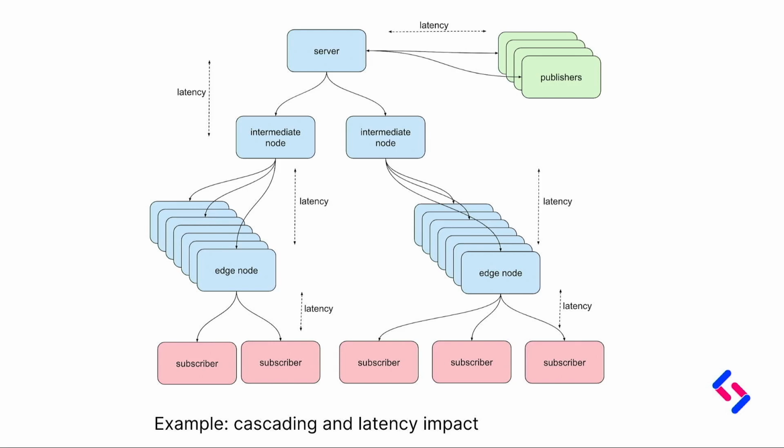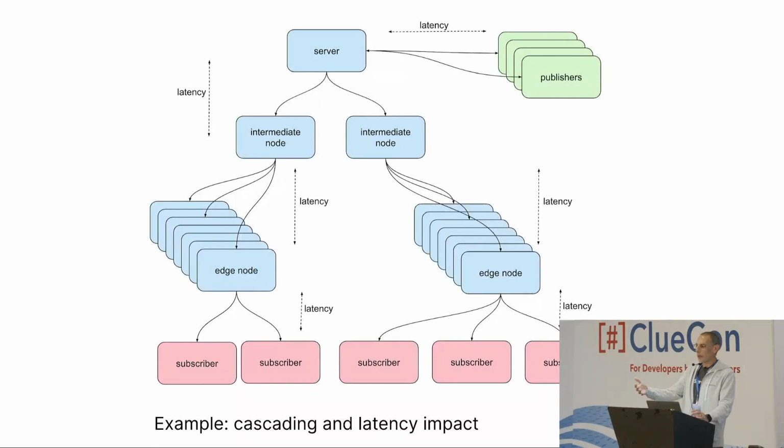And of course it's trivial to see that each layer is going to multiply the streams, but it's also going to possibly add a bit of latency, which is going to accumulate for the end-to-end result.